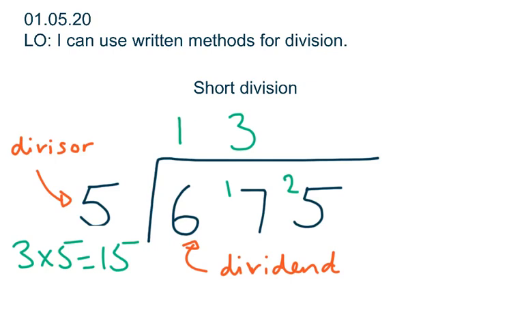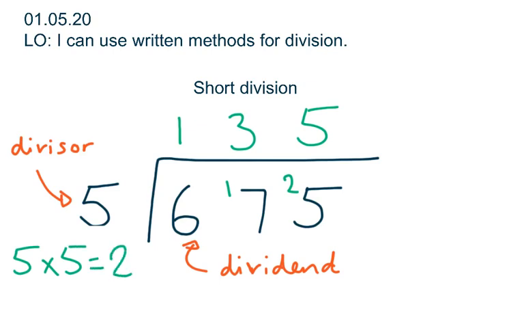Okay, so now the last part of this particular example that we've got to look at is how many times will 5 go into 25. In all 5 times tables, we should be really confident with those. We know that it goes in 5 times. 5 times 5 equals 25. All right. There's no remainders, so that question is now complete.